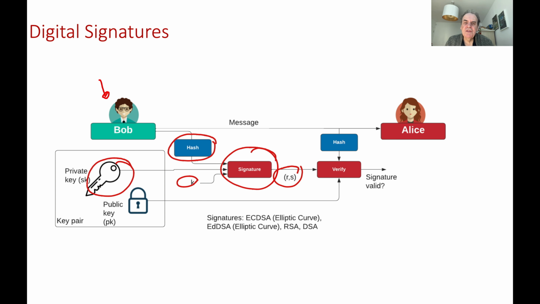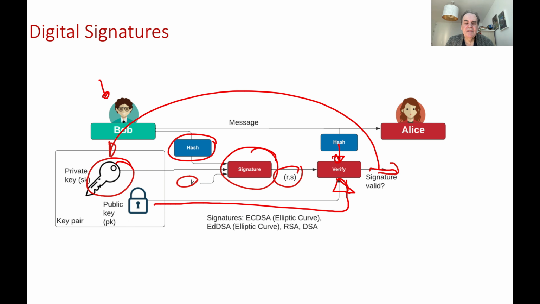The signature is often known as R and S. That is the digital signature. Then Alice uses Bob's public key to verify the signature by also taking a hash of the message. If the signature is valid, then she knows that Bob signed the message with his private key.